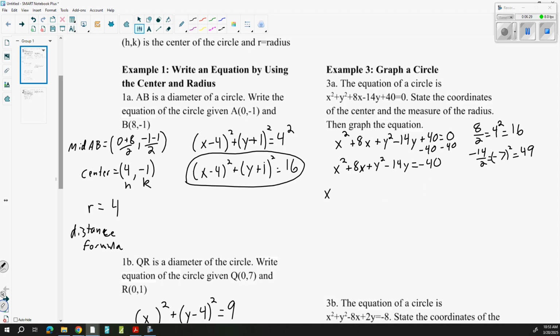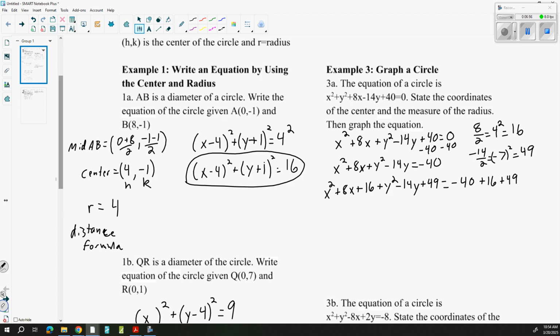So it's going to say x squared plus 8x plus 16 plus y squared minus 14y plus 49 equals negative 40 plus 16 plus 49. Because when we do that, we can make a perfect square here.